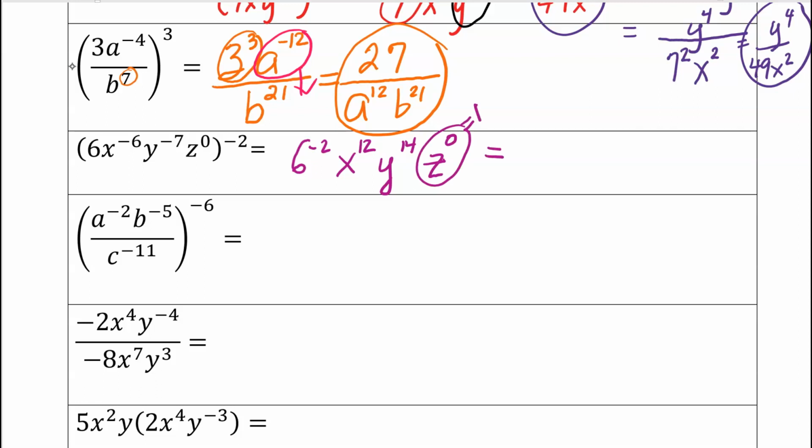So we don't have to worry about that because whatever we get is being multiplied times 1. Now notice that x and y have positive exponents. They will remain in the numerator while we move 6 to the 2nd to the denominator. So our final answer would be x to the 12th, y to the 14th over 36.